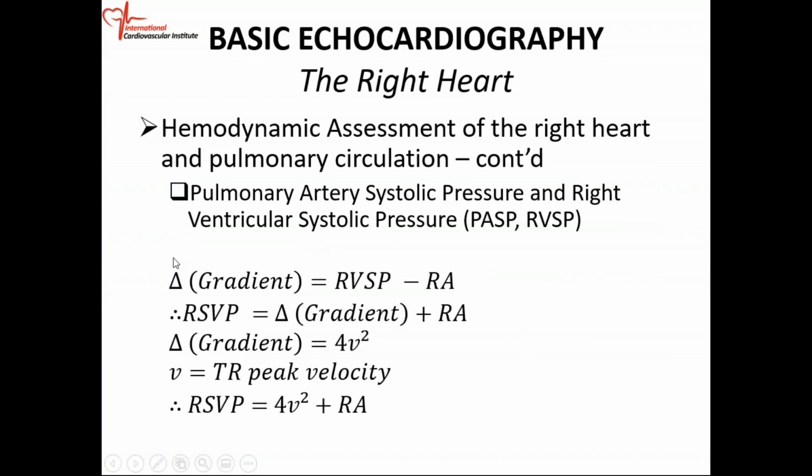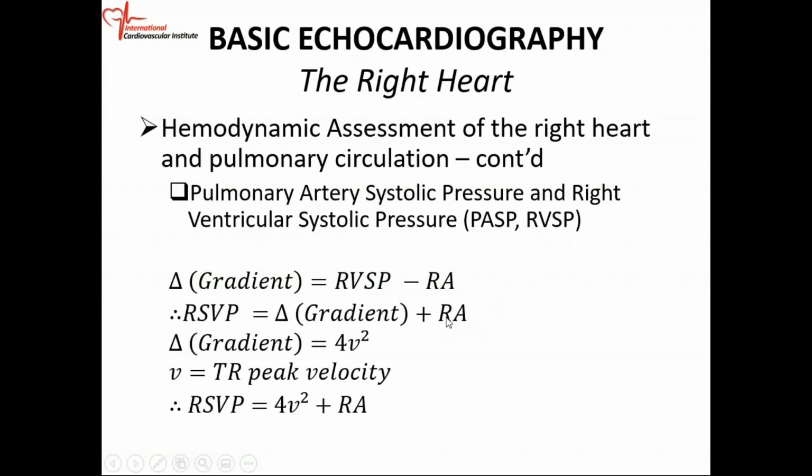So the gradient is the RV systolic pressure minus the right atrial pressure. We just showed you how to get the right atrial pressure, and you know how to get the gradient from 4v squared. So the unknown would be the right ventricular systolic pressure. If you rearrange the equation, your right ventricular systolic pressure is equal to the gradient plus the right atrial pressure.